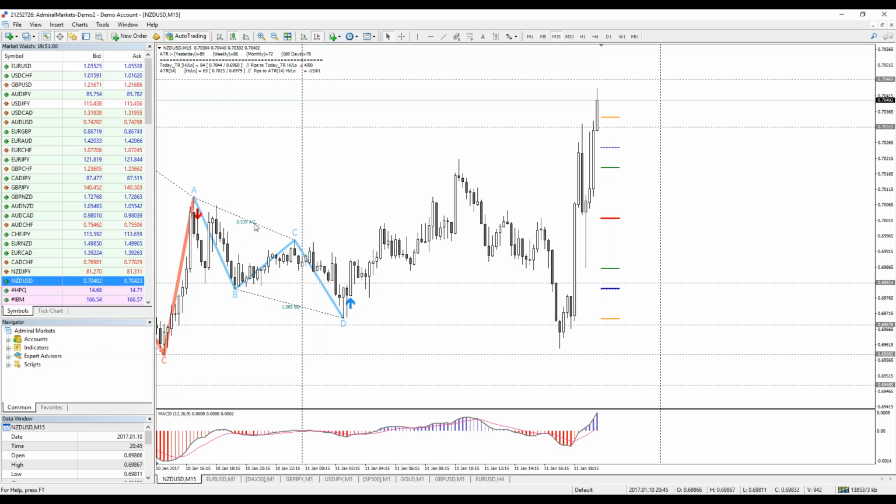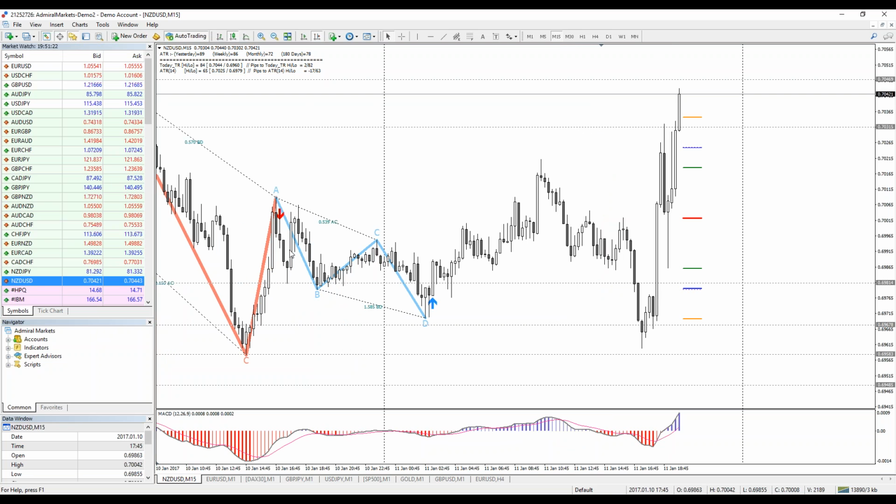AC ratio was not that good. ABCD was okay if we actually discount this. It's okay. It's not perfect. And if this level here, yellow, ATR pivot, hadn't been hit, and if I hadn't seen 2 pin bars, I would have disqualified this trade because this is not good.